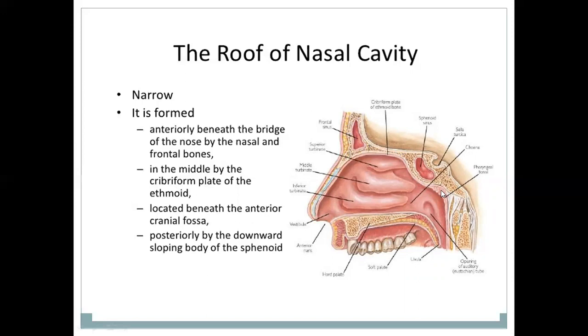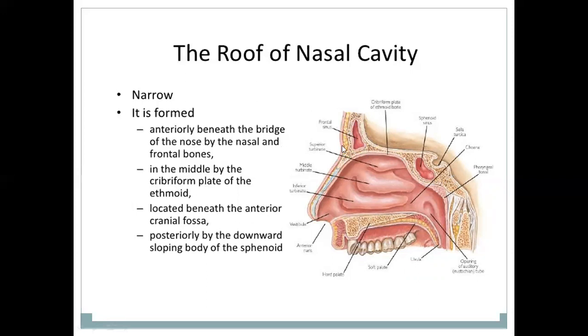The posterior part is formed by the body of the sphenoid. So the sphenoid bone, the cribriform plate of the ethmoid, the frontal bone, and the nasal bone combine to form the roof of the nasal cavity.